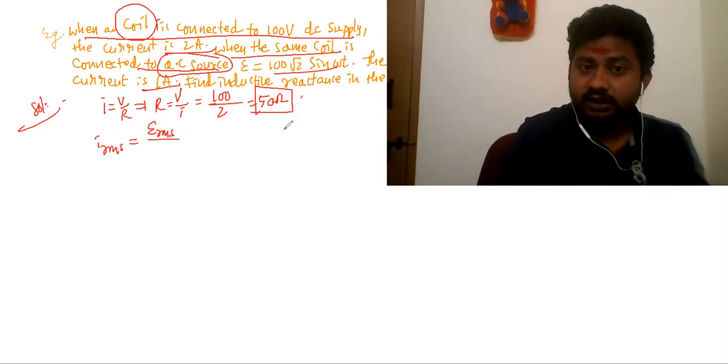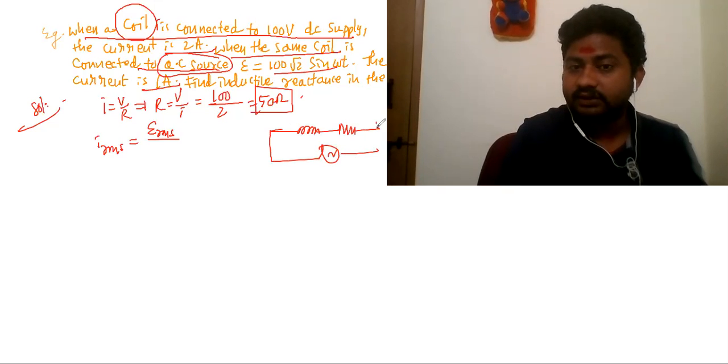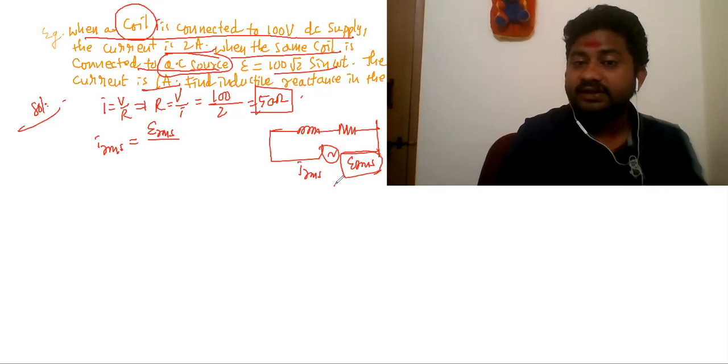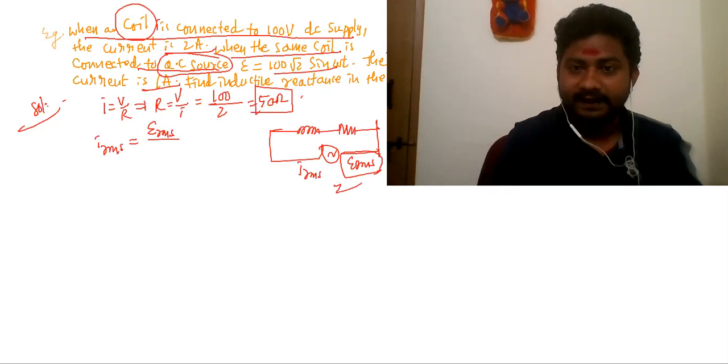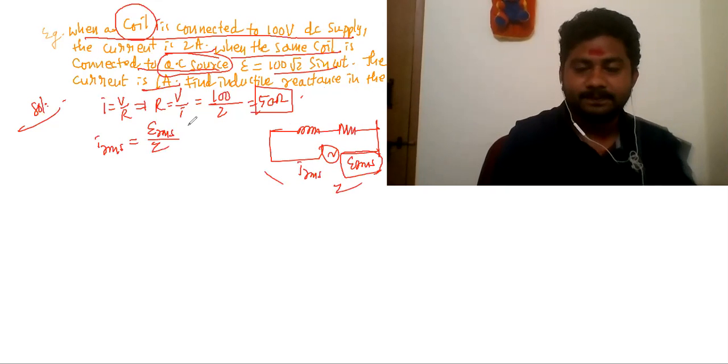When it is connected to AC source, there is a coil, and the coil will have some resistance, and the AC source is connected like this. In this case, current is IRMS. So ERMS is the value of the EMF, and resistance is the impedance here, because I'm talking about the complete circuit. So resistance is impedance.